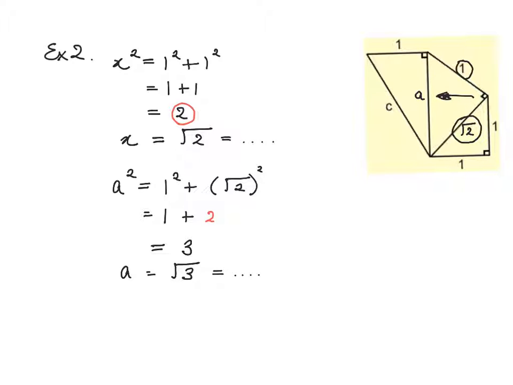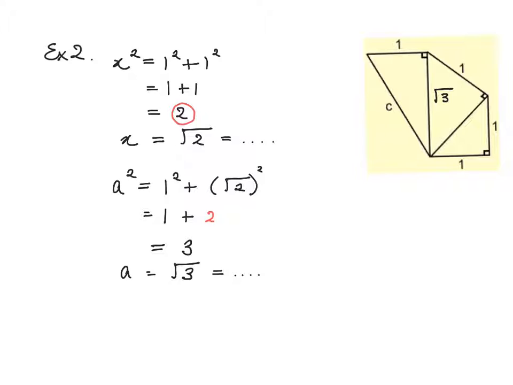So that takes us to the last triangle. And the last triangle is this one here. Now we've just calculated that this side here is root 3.